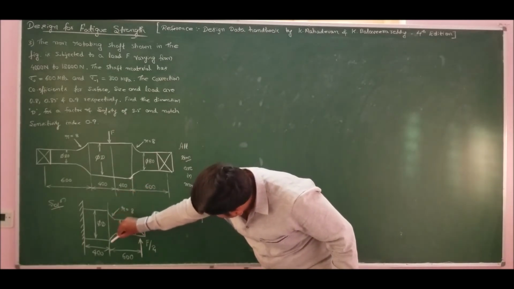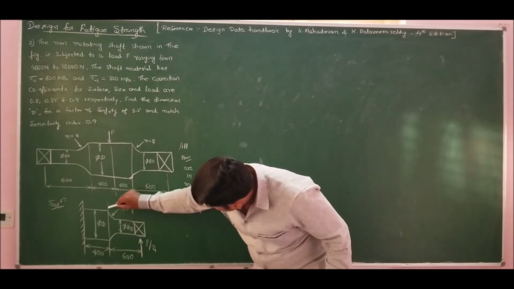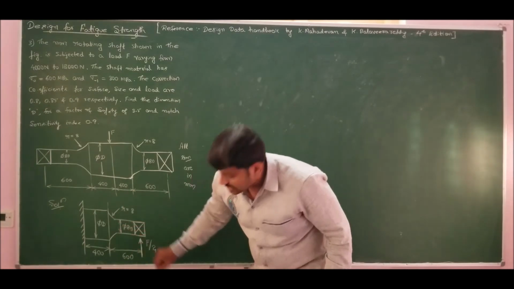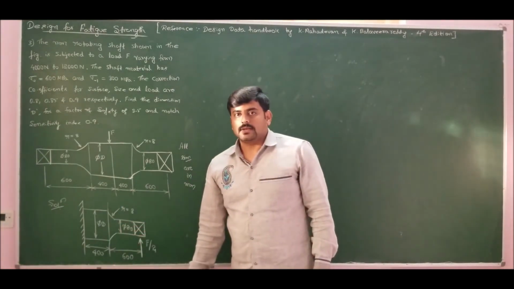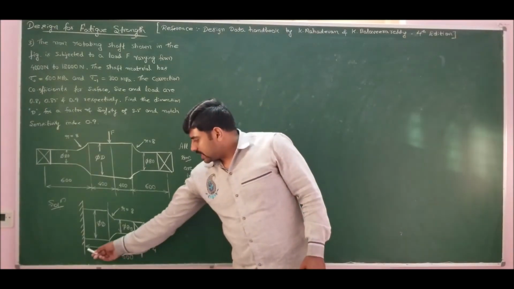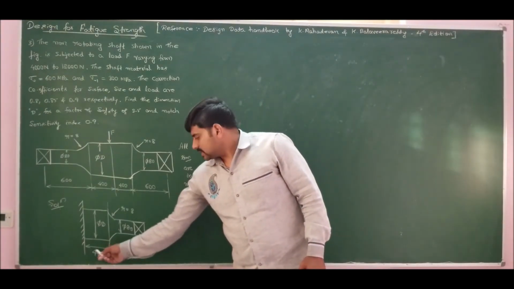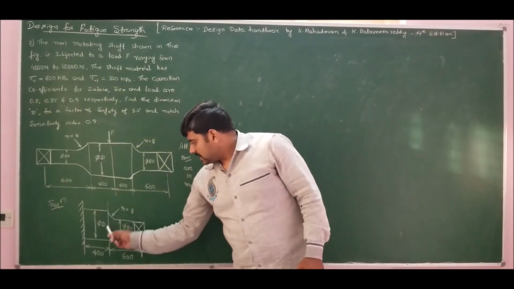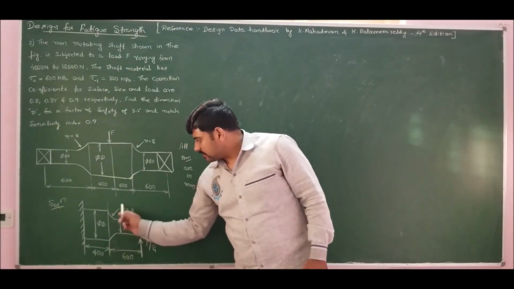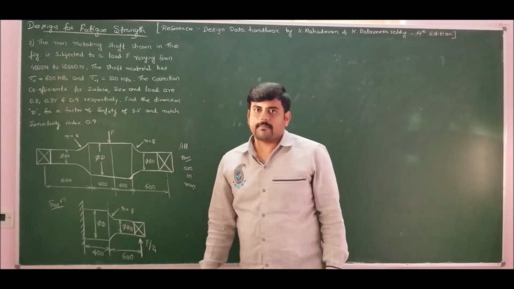Since it fails here, I should take the length of the arm as 600, not 1000. I should not take the perpendicular distance as 1000, because the material won't fail there, the material will fail here. Therefore, the distance from the failure point is 600 mm.